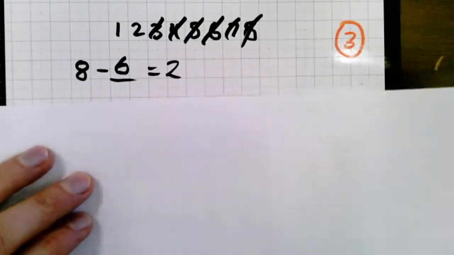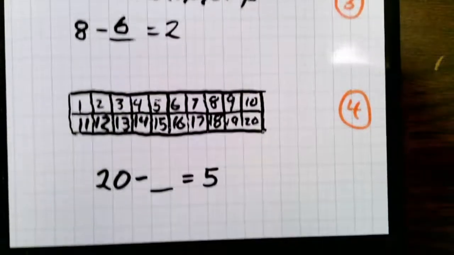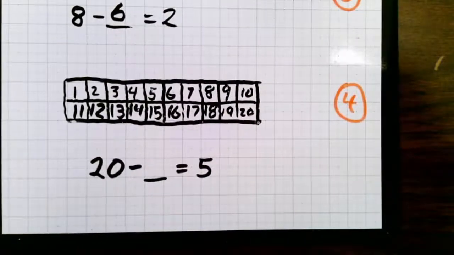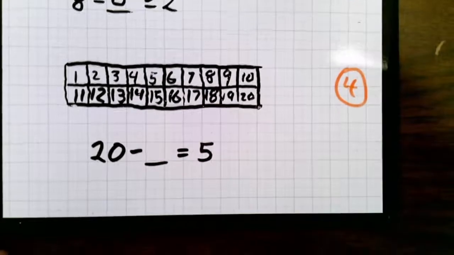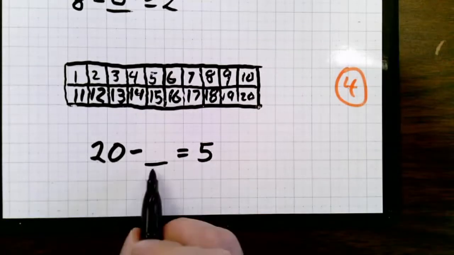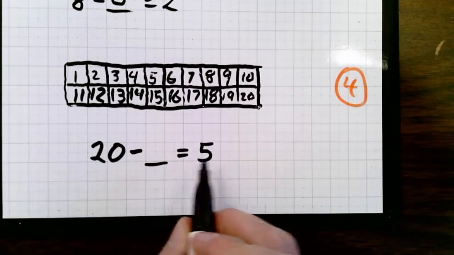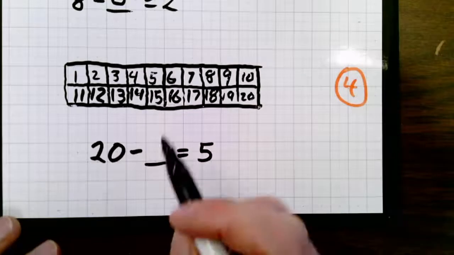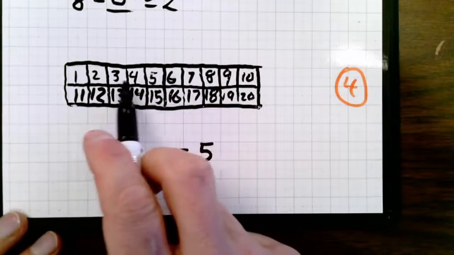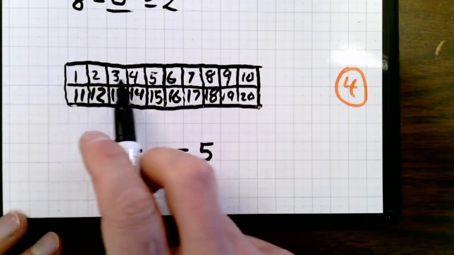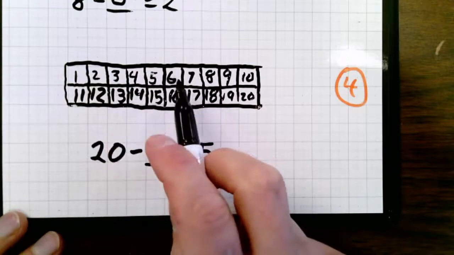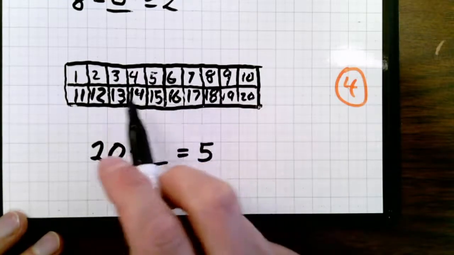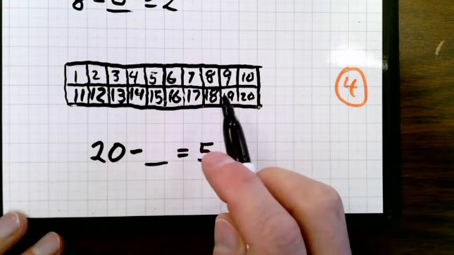We have the hardest one left. Here it is. There's a lot of squares, a lot of boxes. 20 minus something equals 5. Well, I know that I have to keep 5. So I'm going to leave those ones: 1, 2, 3, 4, 5. I'll leave that. And I'm going to cross off the rest. I wonder how many I'll cross off.